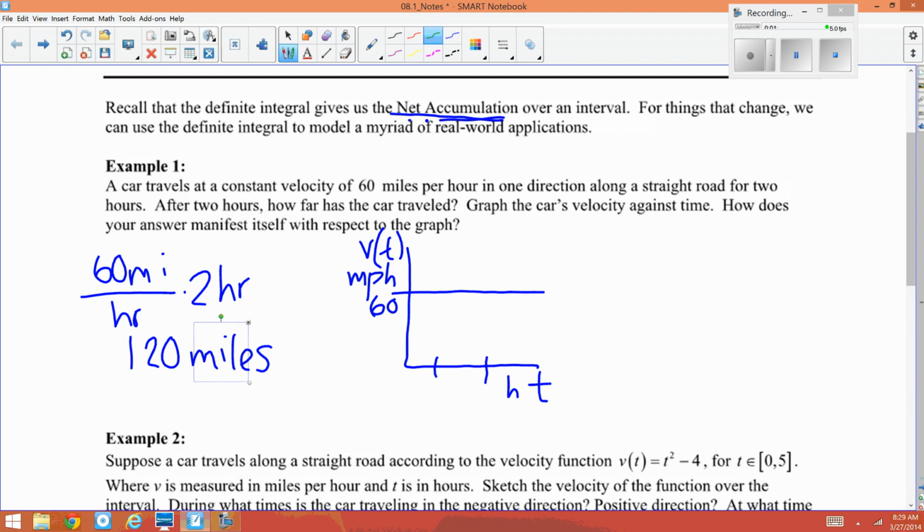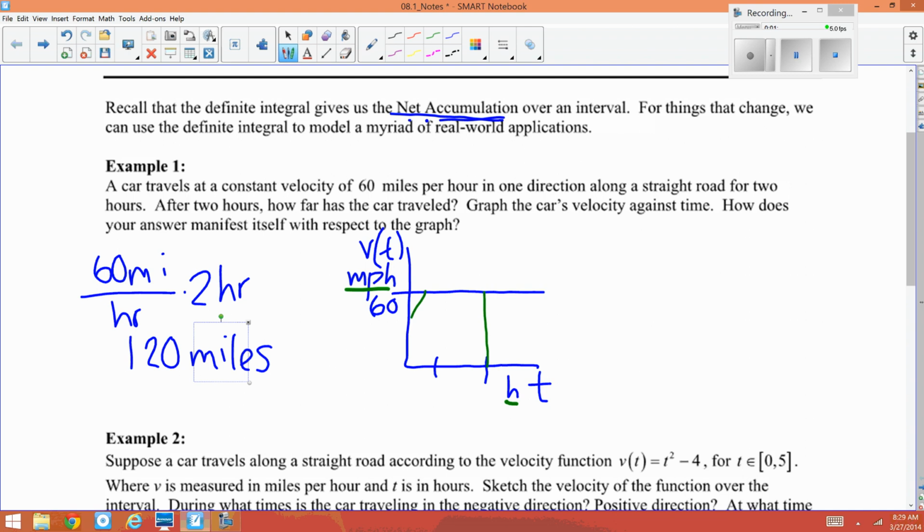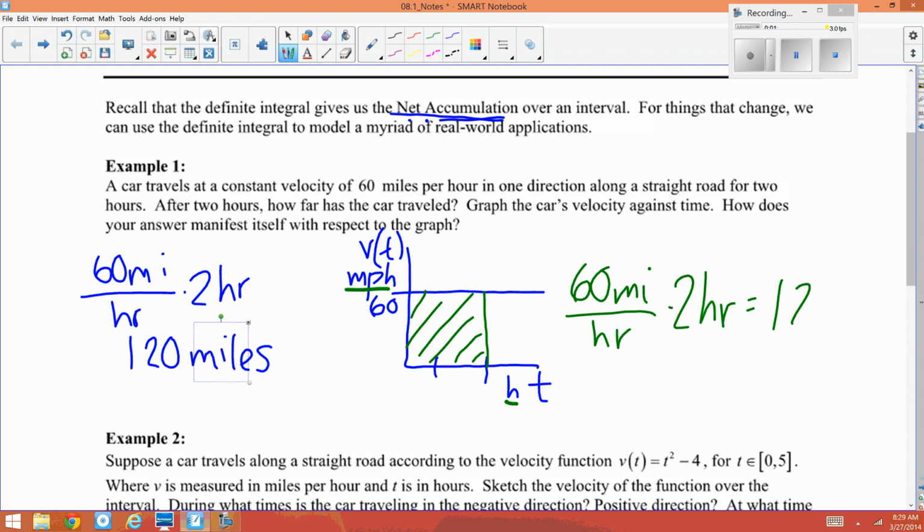So in order to multiply miles per hour times hour to get that number, we're talking about area under the curve. So we have 60 miles per hour times 2 hours would give us 120 miles. So the answer manifests itself as the area under the curve, or the integral from 0 to 2 of the velocity function.